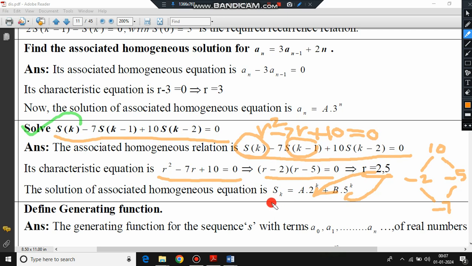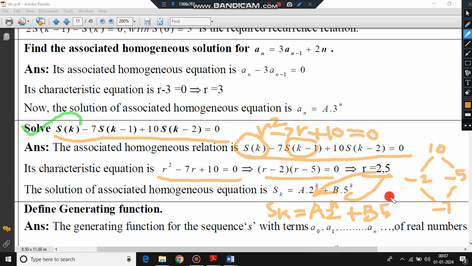So the final solution is s_n equals constant a into first root to the power n plus b into second root to the power n.